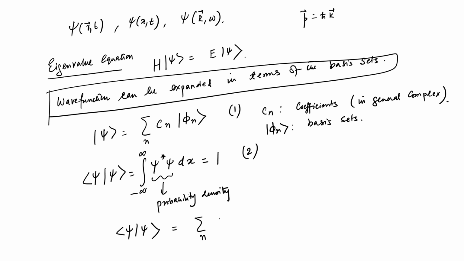sum over n, and then we have these C n square, and we have a phi n. Okay, let me write it a little more explicitly.